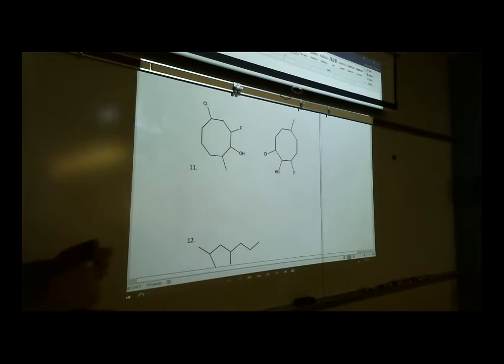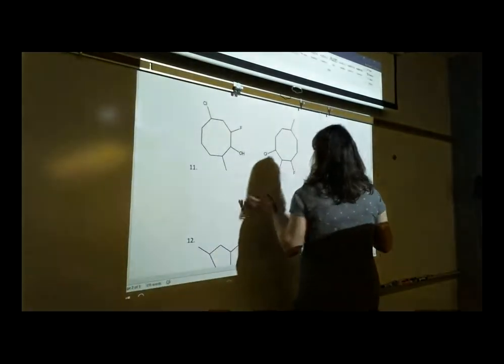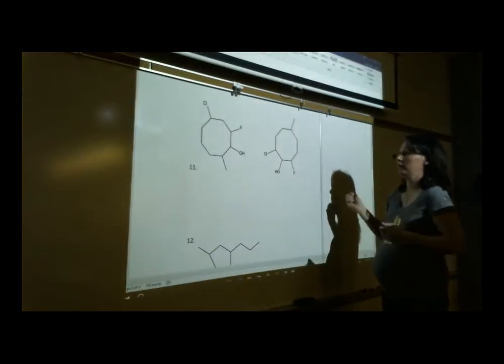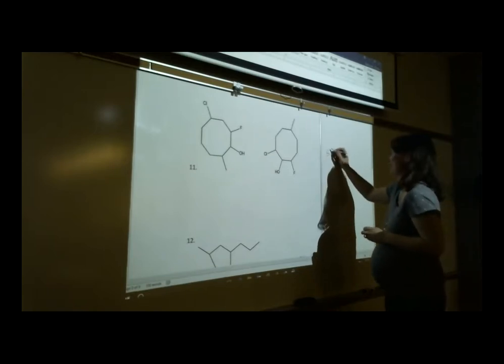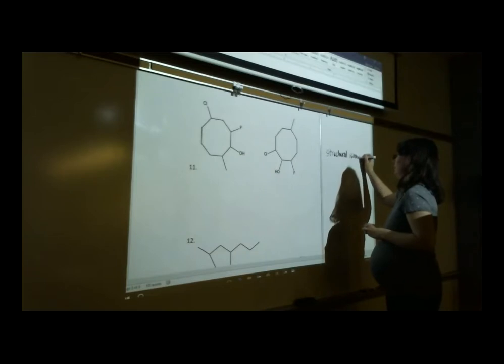All right, let's look at these two. I don't even think we need to go through the process of naming these. I think we can just look at it and tell what they are. They're structural isomers, yeah. And here's why I can conclude that.